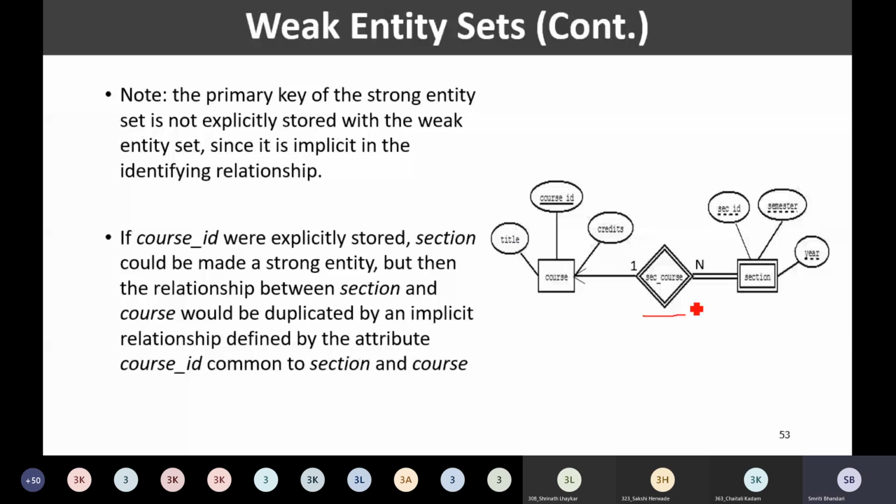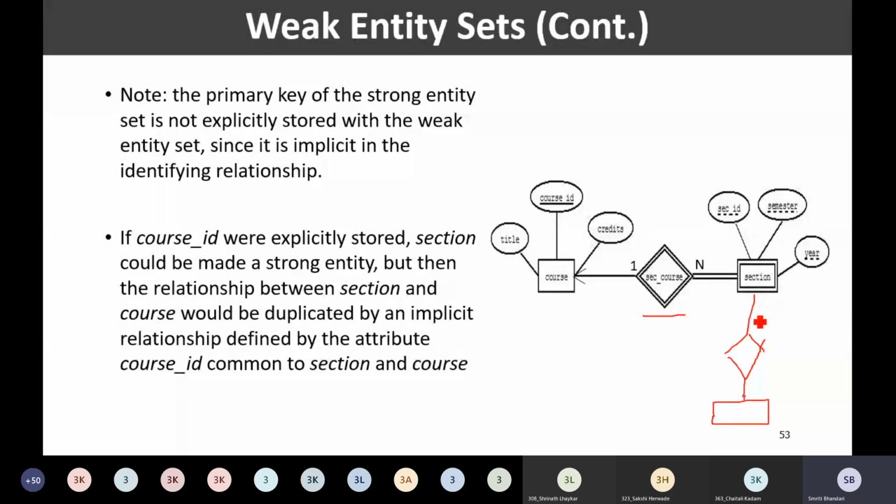We must have this identifying relationship with respect to any of the weak entity sets. But now what I am stating is that the weak entity set can also participate in a relationship set with some other entity set as well.